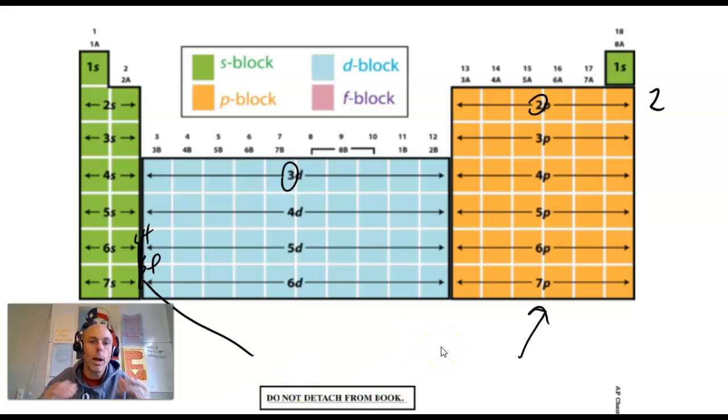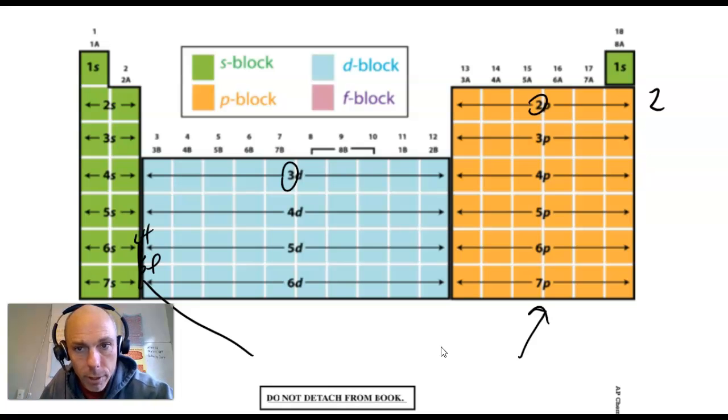Why this is so helpful is if we remember this, the first 2 columns are the S block, the last 6 columns are the P, the middle 10 are the D, and then the F block is down at the bottom, is that if we follow the periodic table from element 1 all the way to element 110, the order in which we travel through these sublevels based on the way they're laid out is the order in which they fill, and then you don't have to memorize that diagram that had energy on the y-axis.